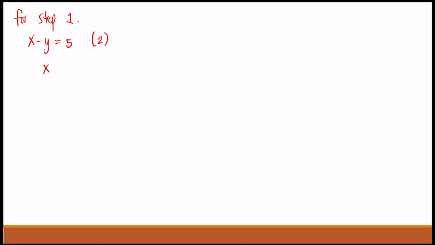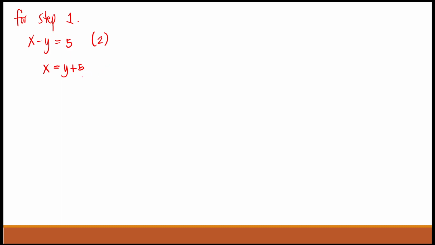Anything na kasama ni x ay itatranspose ko dun sa right side. Which means, si negative y, I will transpose that to the right and simplify. So, x equals y plus 5. Naging positive na si y kasi negative y transposed to the right. So, ito na yung result ng step 1.